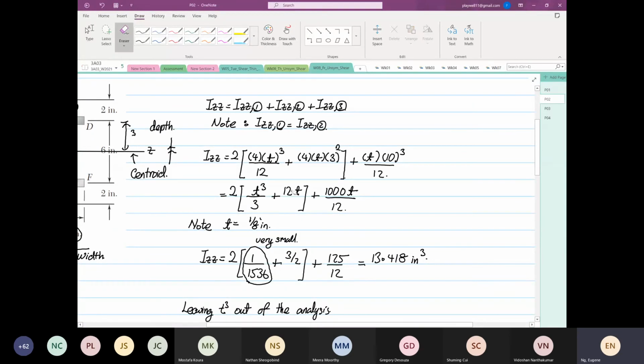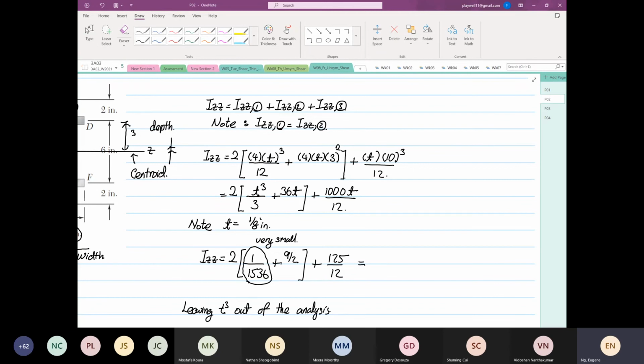So 4 times 3 times 3, so it's 36T. So over here, thank you for letting me know. 36 times 1/8 is equal to 9/2, so I get rid of this. 1/1536 plus 9/2 times 2 plus 125/12.